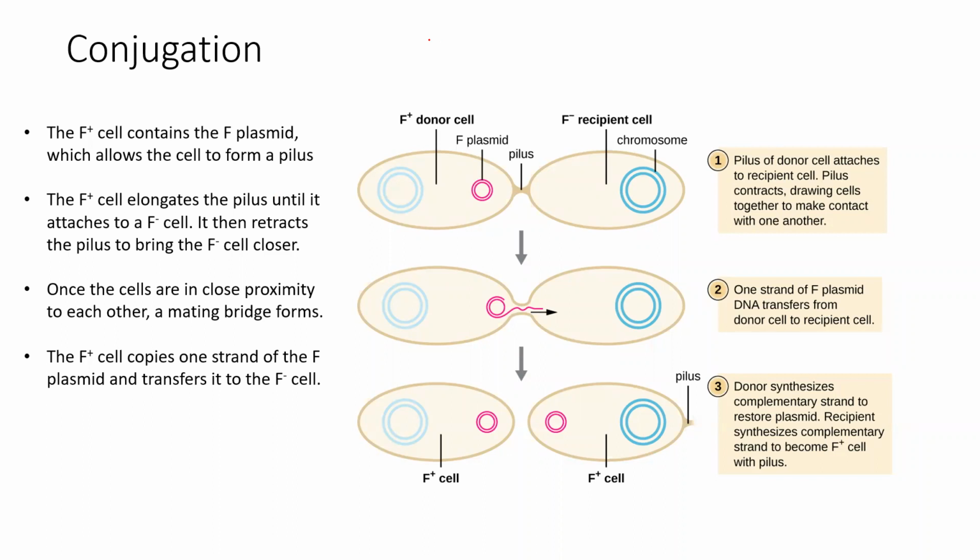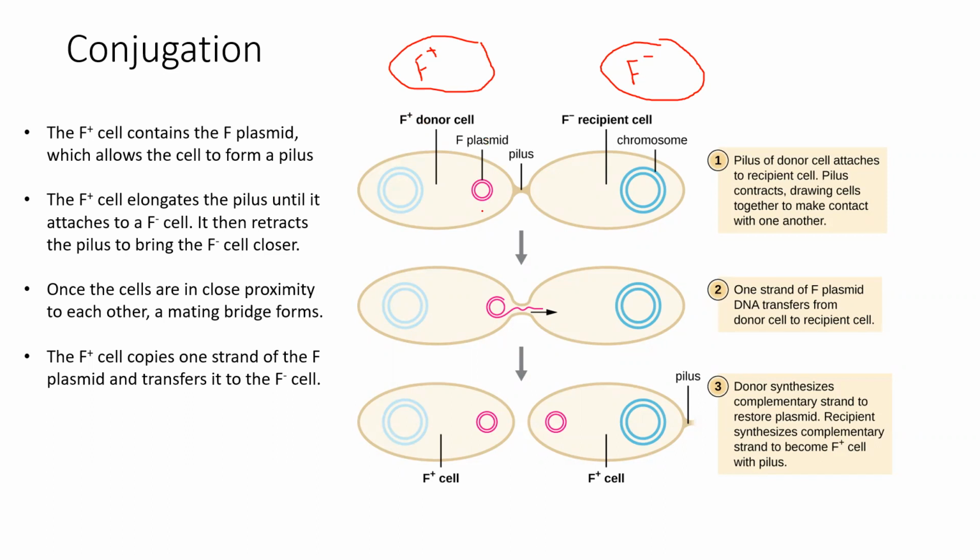So I'm going to add to this picture. Here's going to be one cell, and here's going to be another. Notice one is said to be the F+ donor cell, and the other is an F- recipient cell. The F+ donor cell has an F plasmid.